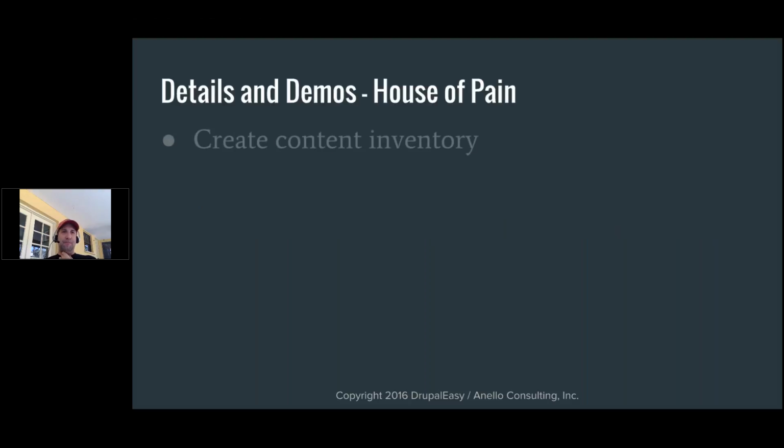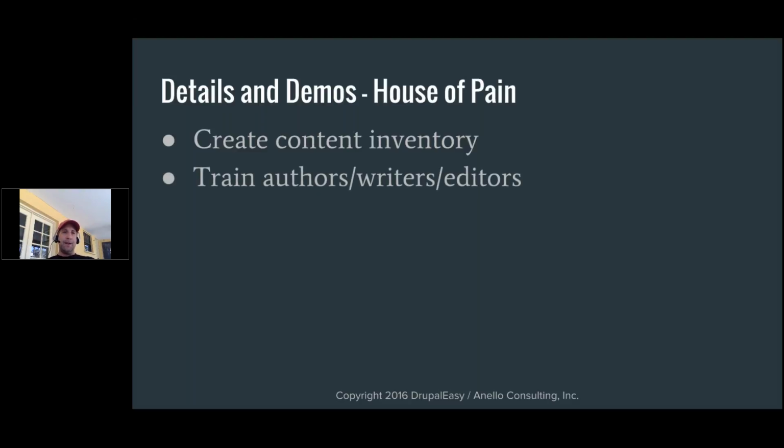Okay, so House of Pain, the manual way. So, how do we normally do this? And this isn't necessarily a Drupal thing. This is, if you're migrating from one system to another, generally you want to be able to wrap your arms around the problem, right? You want to be able to get your content inventory. You need to train the people who are actually going to be doing it.